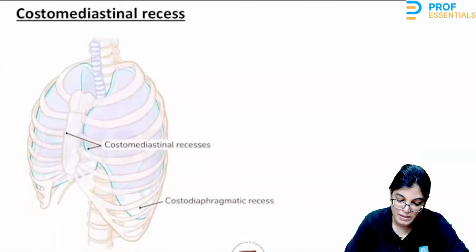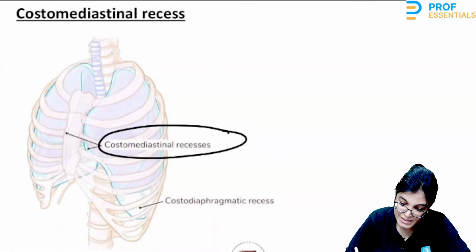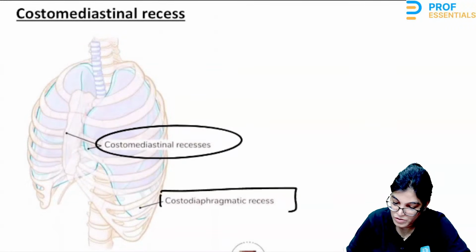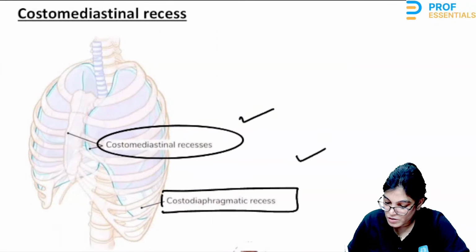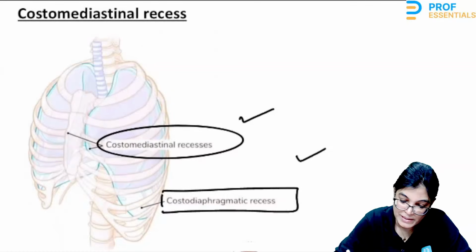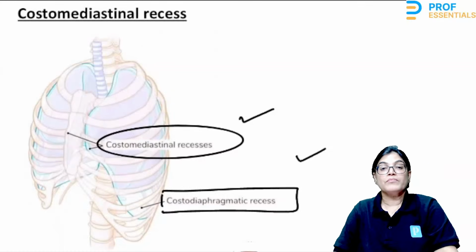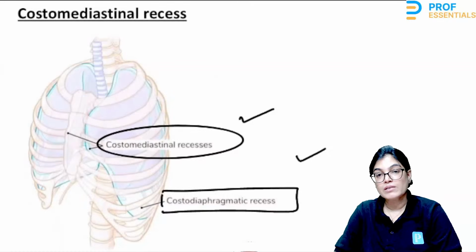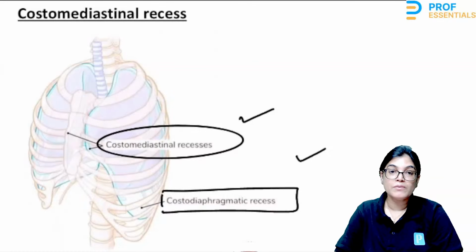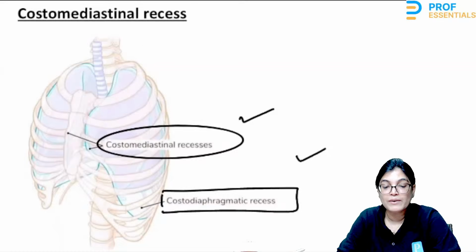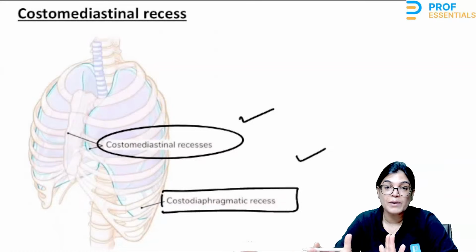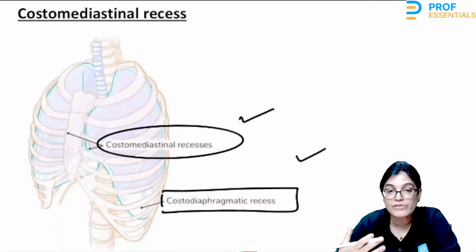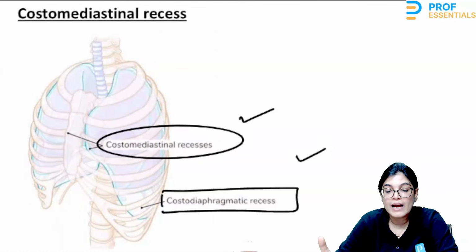The other one is the costomediastinal recess. In this diagram, this is the costomediastinal recess, and this is the costodiaphragmatic recess. The costodiaphragmatic recess is between the costal and the diaphragmatic pleura, and the costomediastinal recess is present anteriorly, located between the costal and mediastinal pleura.